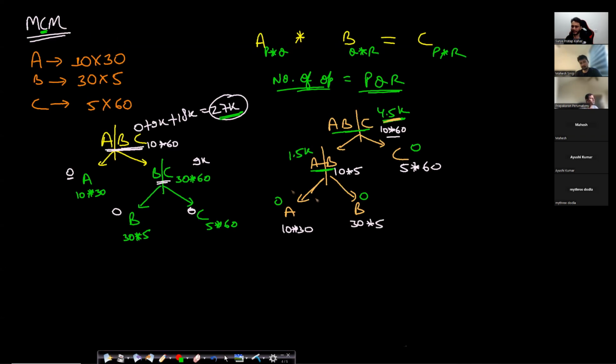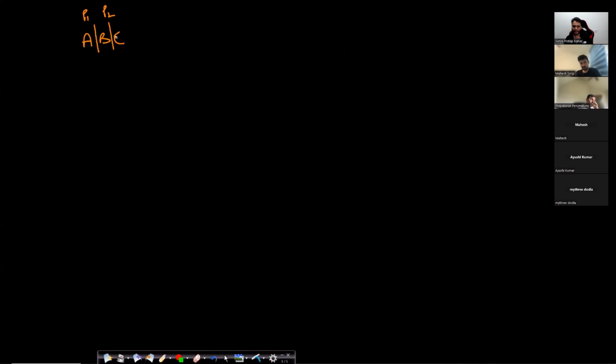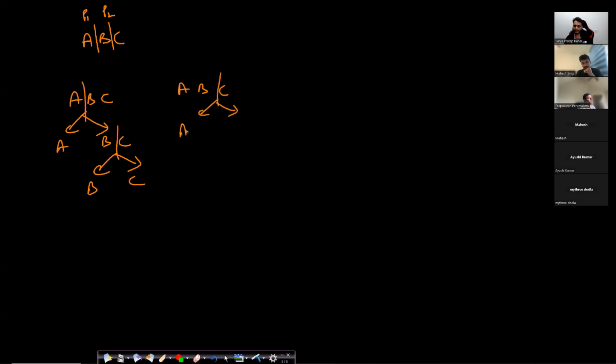These are two tree diagrams, right? So if I write here ABC, then you can make two types of trees. You make a partition point like this. You have A with BC, and then you have BC. But you can take the other partition point too and get a separate tree altogether, in such a way that you have AB on one side and then you separate it with A and B.